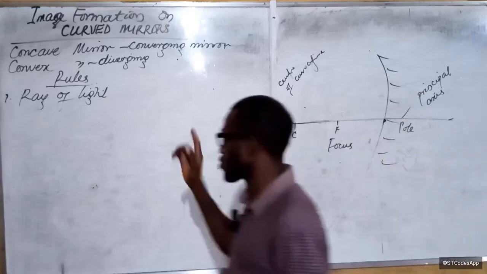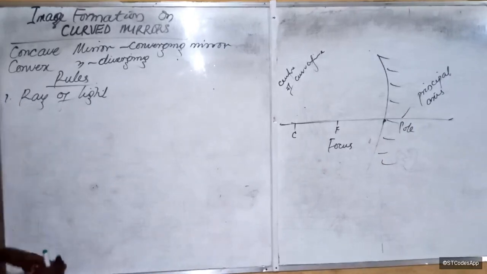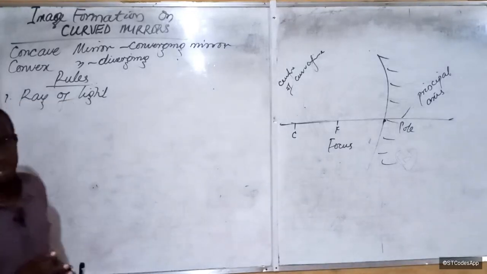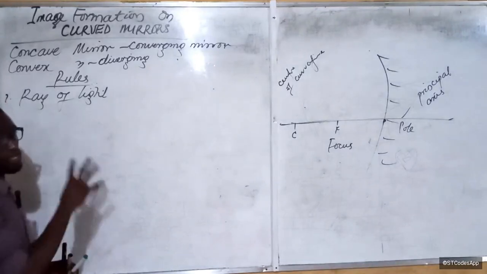All right. So let's now talk about the rules quickly. The first rule says that a ray of light that is parallel to the principal axis. Now, follow me through as I go, and make sure you are not missing any part, because these rules are very important.